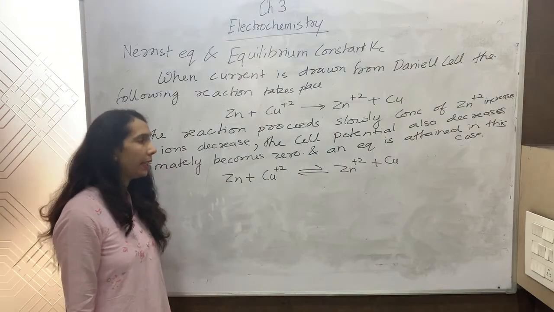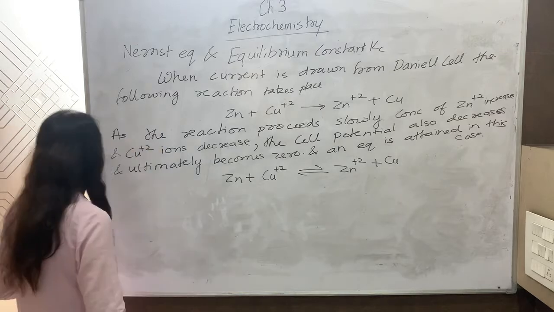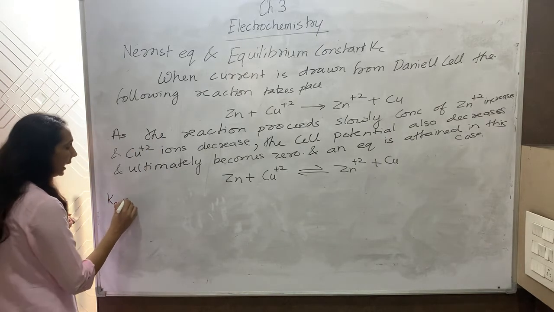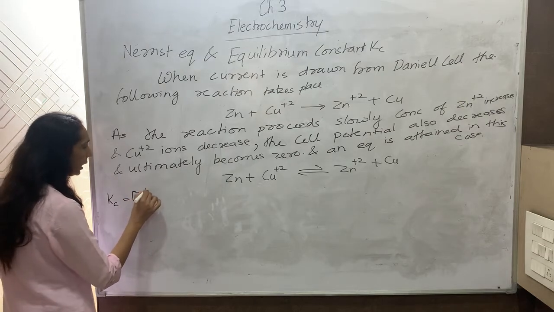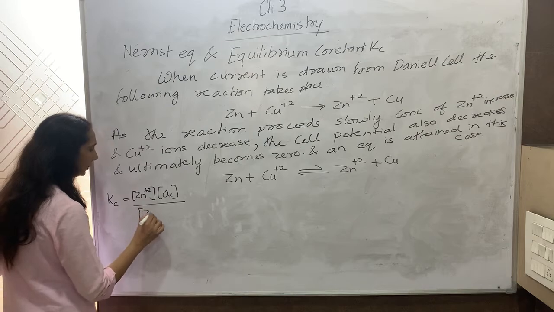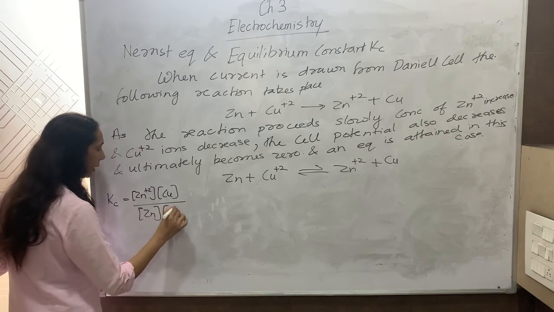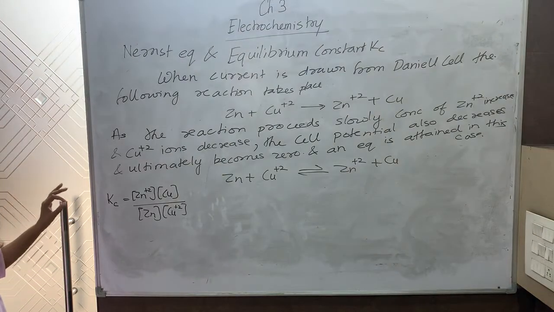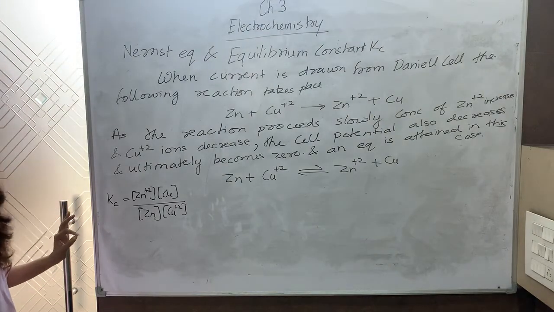And you know that when equilibrium is established, we can write the equilibrium constant: Kc is equal to concentration of product upon concentration of reactant.